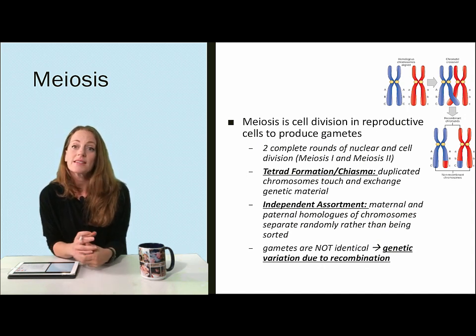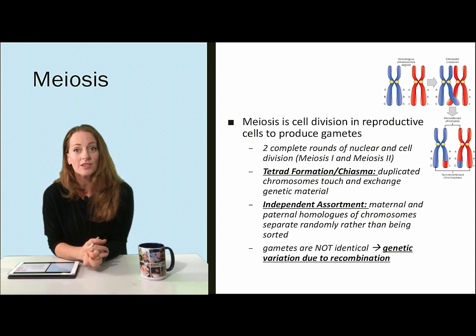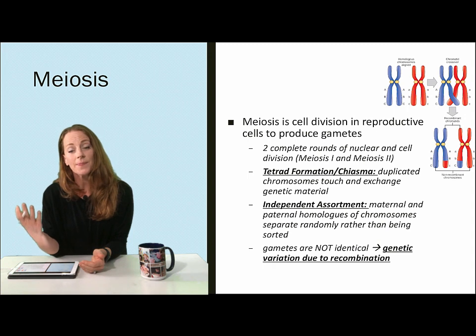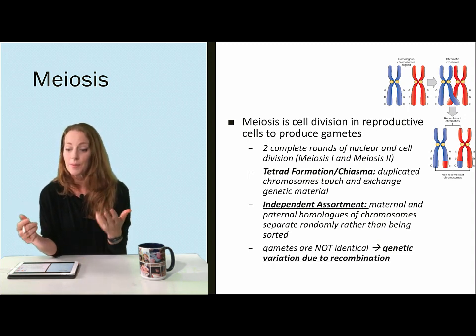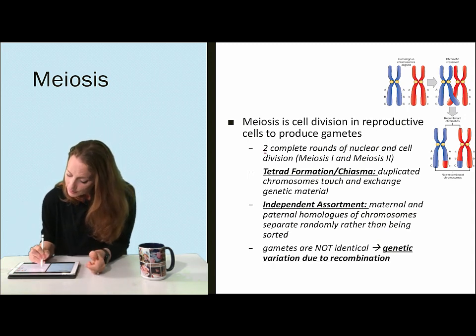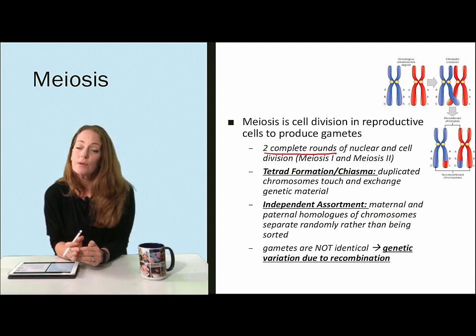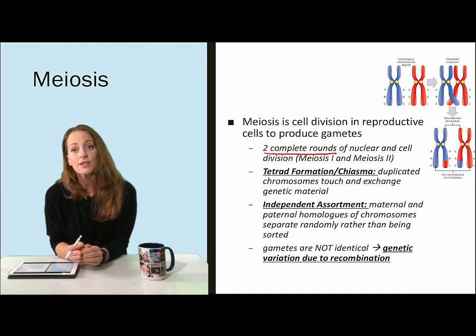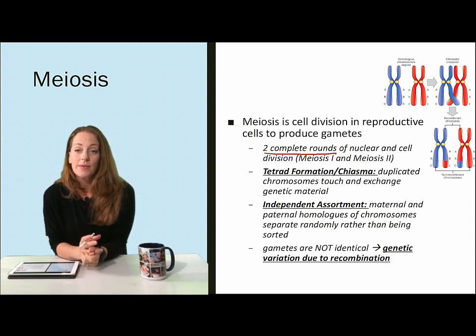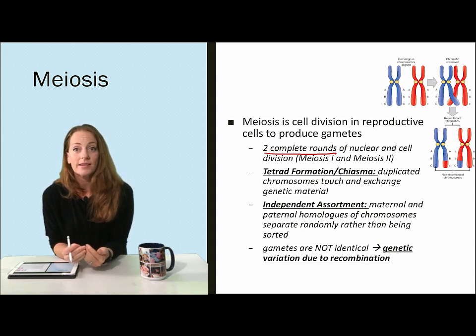So meiosis is the process of gamete production, ultimately forming these haploid gametes in the female, eggs, and in the male, sperm. What's important about meiosis is that you have two complete rounds of nuclear and cell division. Last lecture we talked about the cell cycle and mitosis.